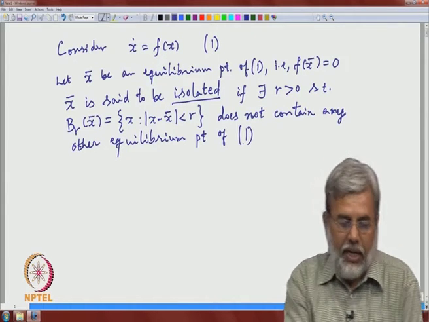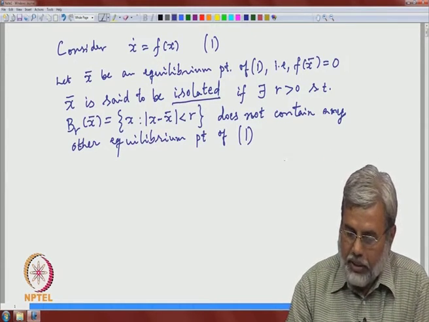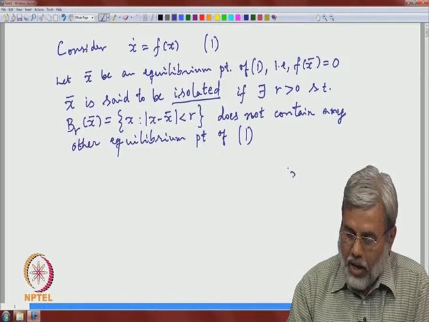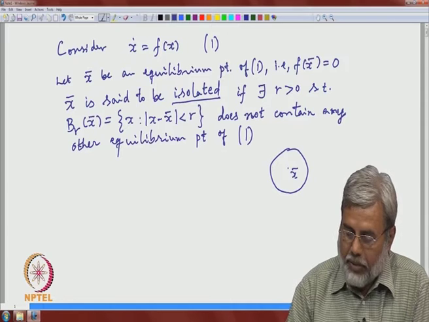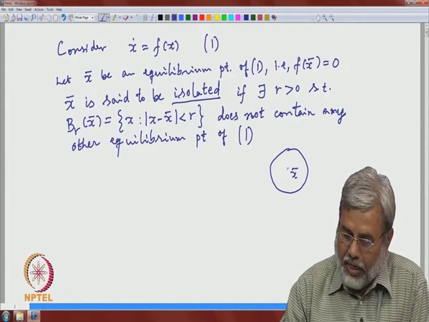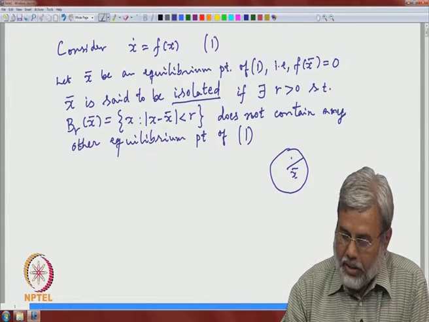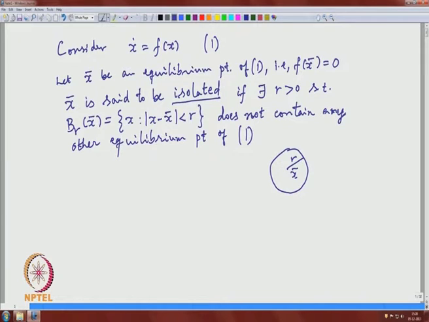So, geometrically I just want to draw that ball. So, this is x bar. In 2 dimensions you can imagine this is really a ball, and this interior should not contain any other equilibrium point of 1.